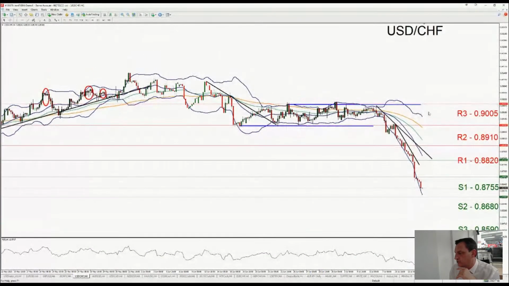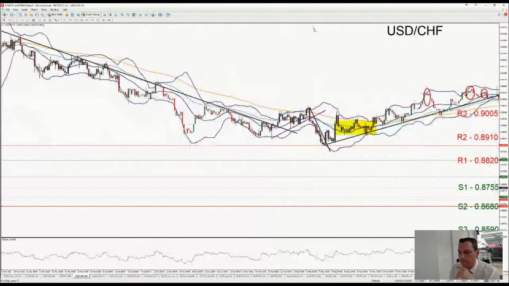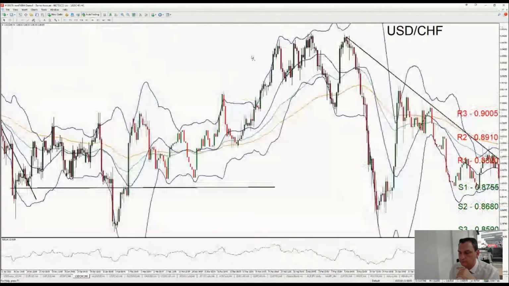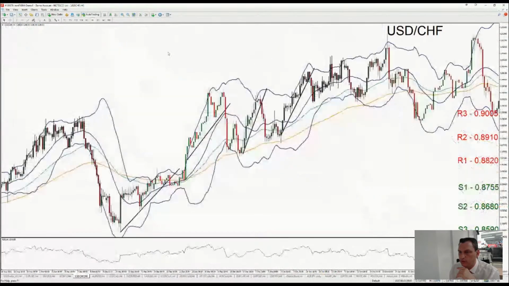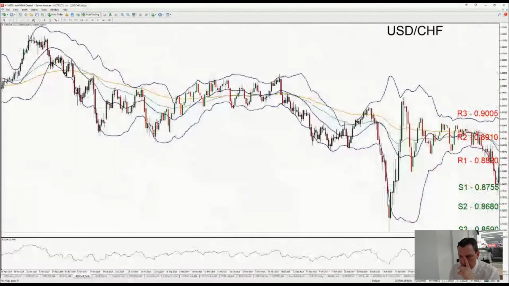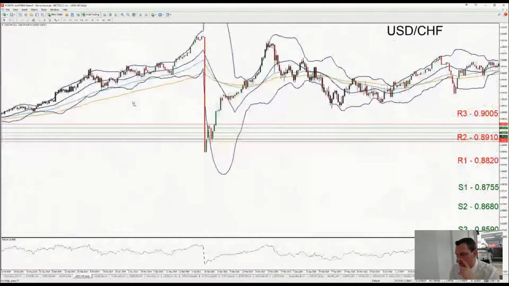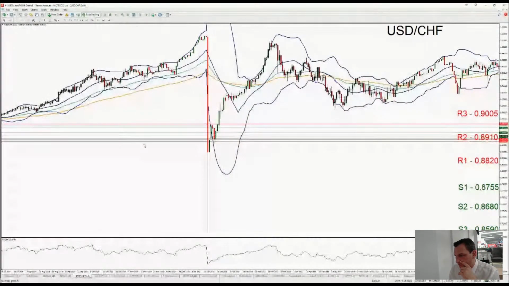Let's go hunting for new support levels. 1, 2, and let's unlock the chart, go hunting. We will have to go back to 2015 on this, so bear with me. There hasn't been such levels since that area.